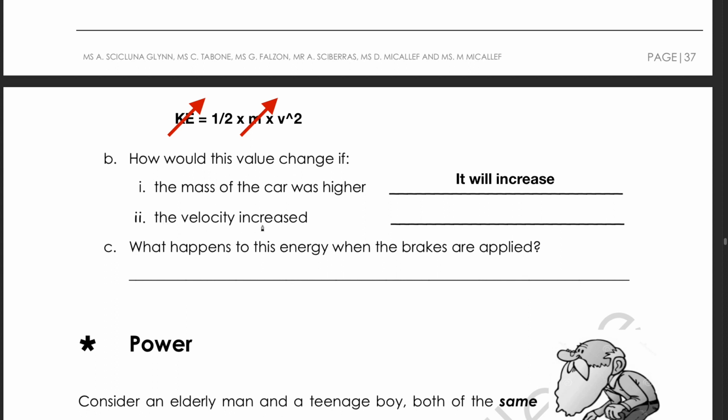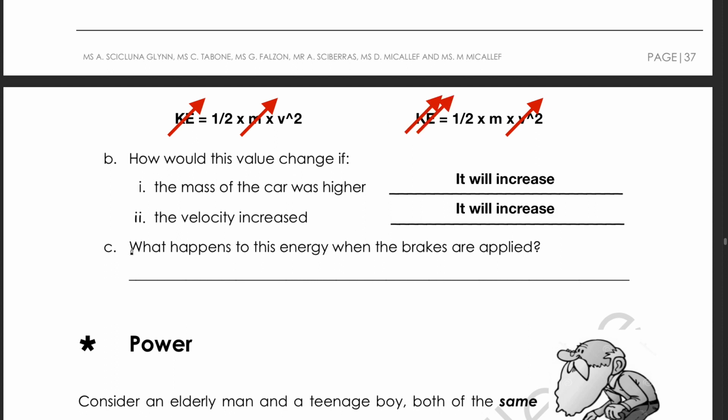B2, the velocity increased. Again, if we start from the equation KE equals 1/2 mv squared, if we were to increase the velocity, KE will not only increase, but since KE is equal to 1/2 mv squared, if we change v, then KE will increase even more.